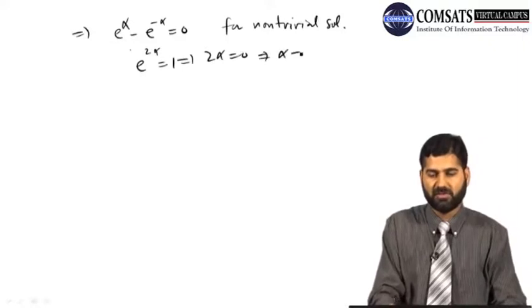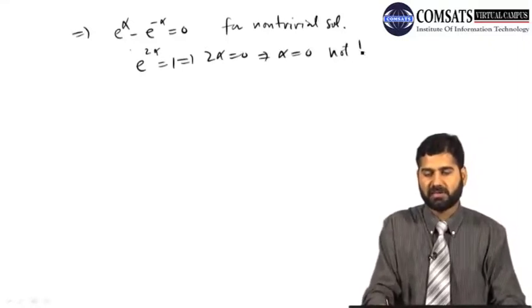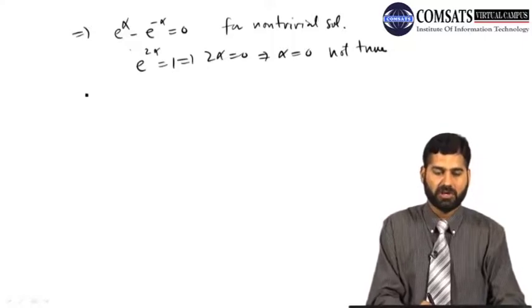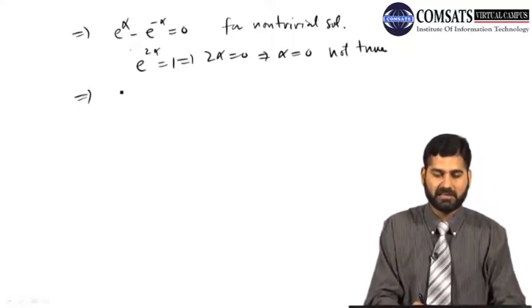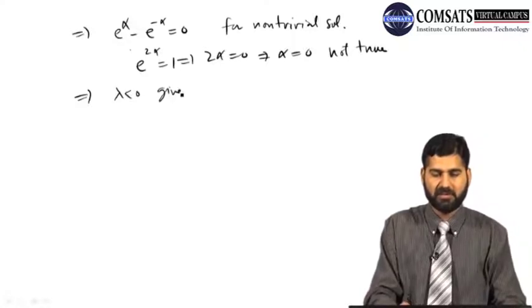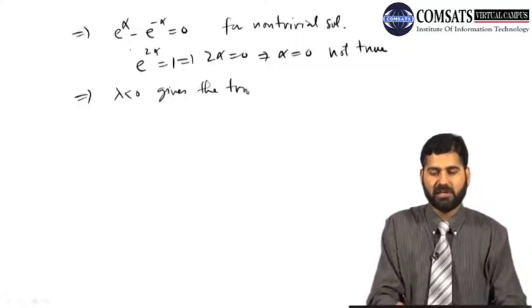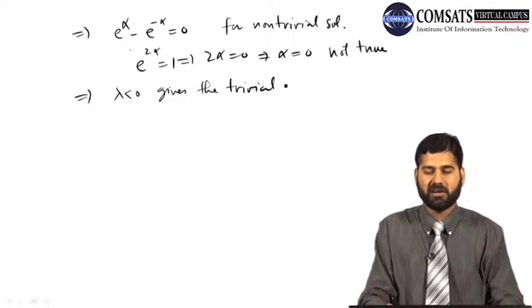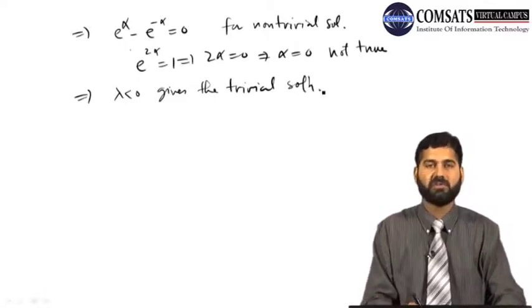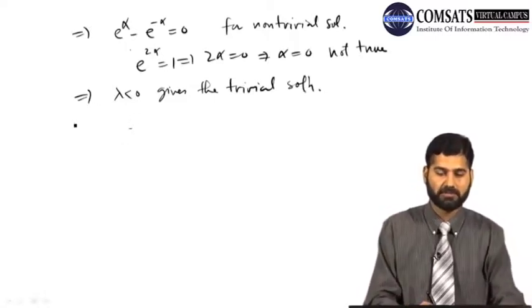It means alpha is equal to 0. Not true, because alpha was not equal to 0. So it means lambda negative gives the trivial solution only. It will not give a non-trivial solution.